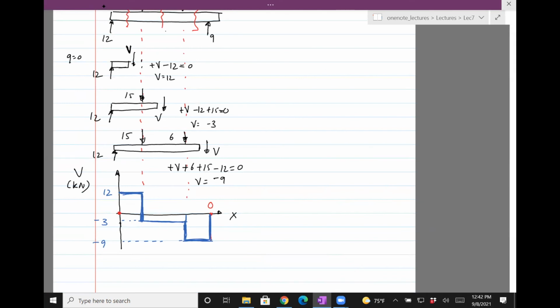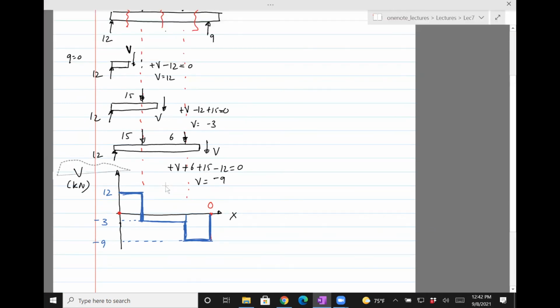Maybe clean it up a little bit so it's much clearer in my notes. Move this a little down.